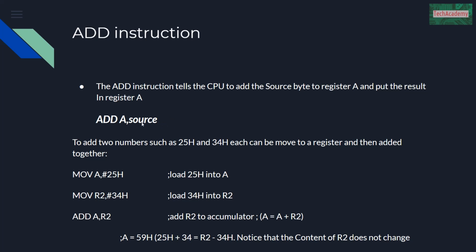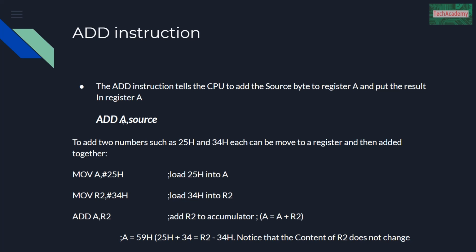Here the source can be any register or immediate data by using the hash symbol. So the source can be your R0, R1, R2 or R15 register, or immediate data like hash, let's say 00H. This source can be added to the accumulator, and the result of this addition will again be stored into the accumulator only.